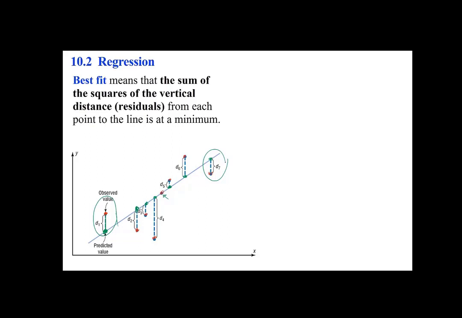They are hoping to minimize that, and they use calculus to come up with the method of minimizing, and therefore they come up with the formula. So the idea of the best fit is to make sure those are the smallest values. Those distances are called the residuals, as far as the terminology is concerned. Those vertical distances that we are looking at, each one is a residual. So we want to minimize that.